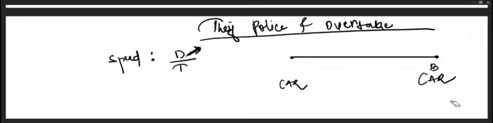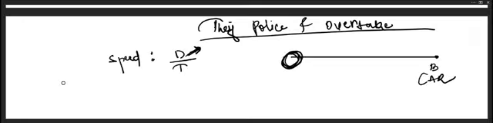But if I don't tell you the initial point, or a starting point of the car, then it is impossible to determine the distance that has been covered by the car, because there is no starting point.